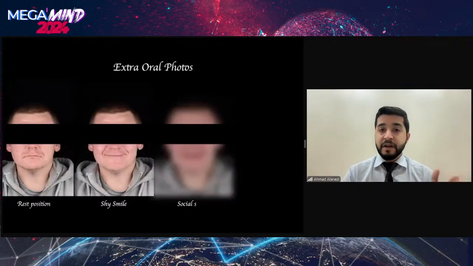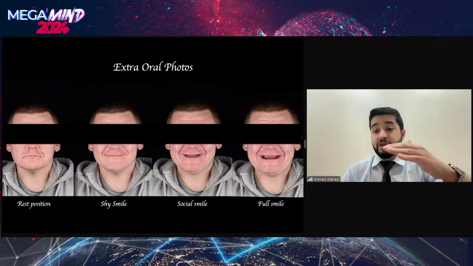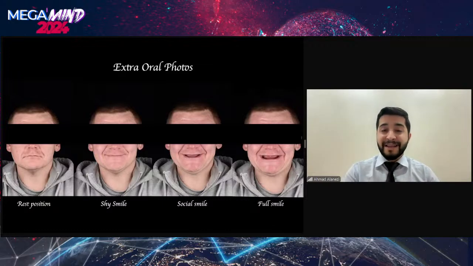Here is a series of extraoral photographs, and these are very important photographs. We wanted to see the overall facial features of the patient, and we also wanted to know if the patient exhibits a lot of ridge on a full smile. If the patient exhibits a lot of maxillary arch ridge, then you know from the get-go that this patient is a candidate for ridge reduction.